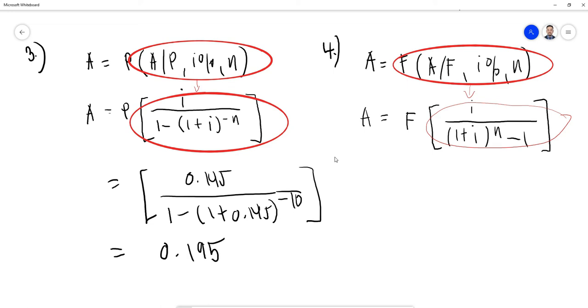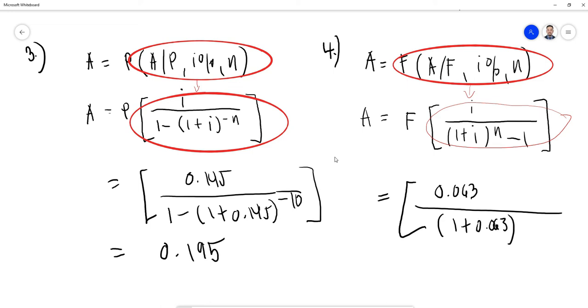Lastly, for number 4, I is 6.3% or 0.063 over 1 plus 0.063 raised to n, which is 15, minus 1. And for number 4, we will get 0.042 in 3 decimal places.